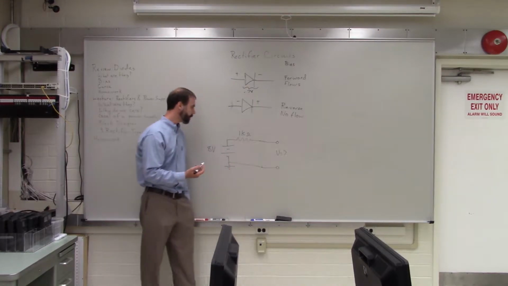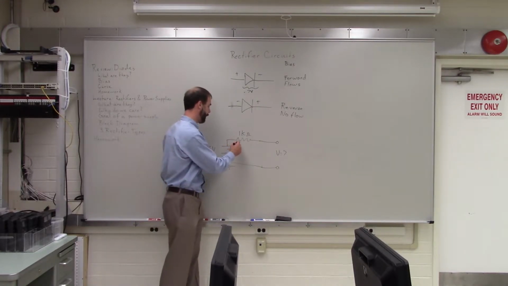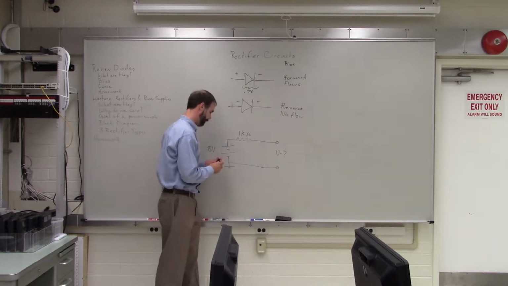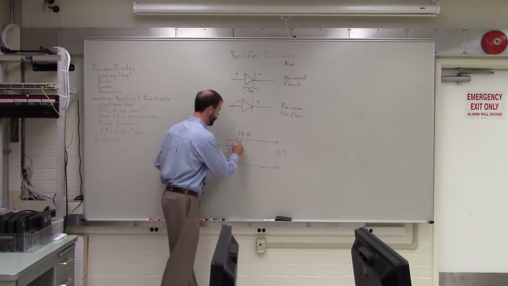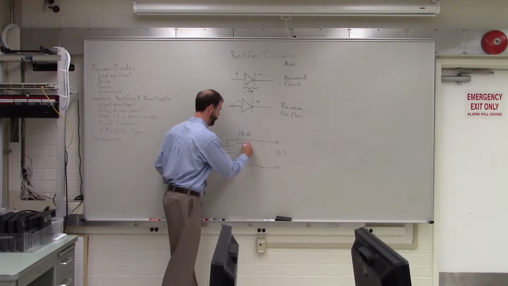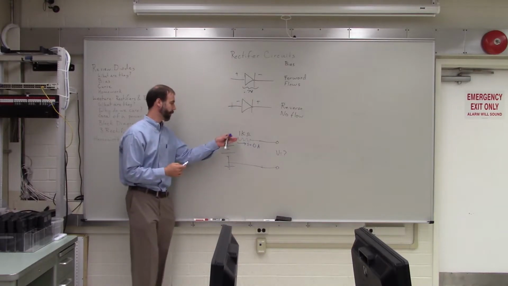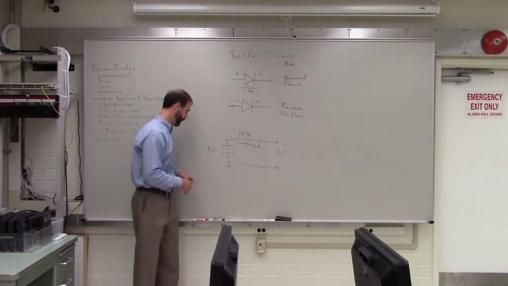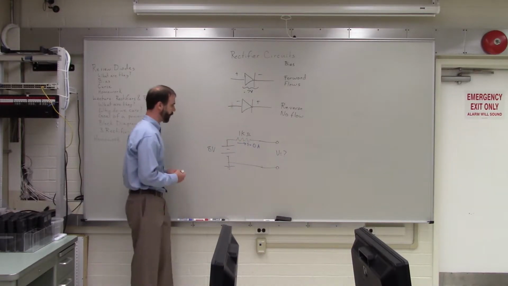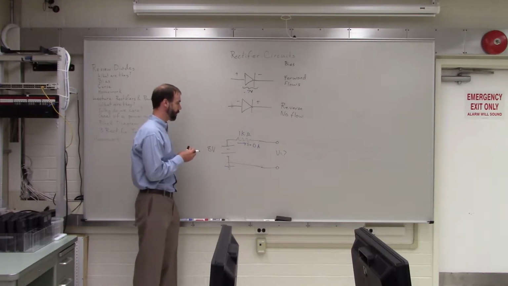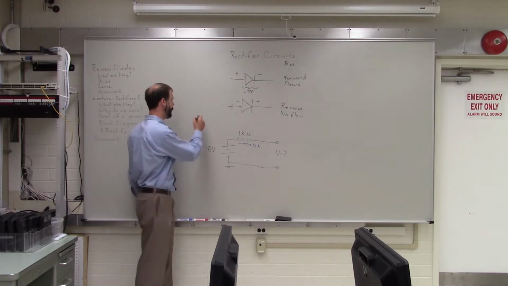Right. So another way of saying that is that there is no current flowing through the diode there, or I'm sorry, through the resistor there, right? So if there's no current flowing through the resistor, we can use Ohm's law to figure out the voltage across the resistor, right?